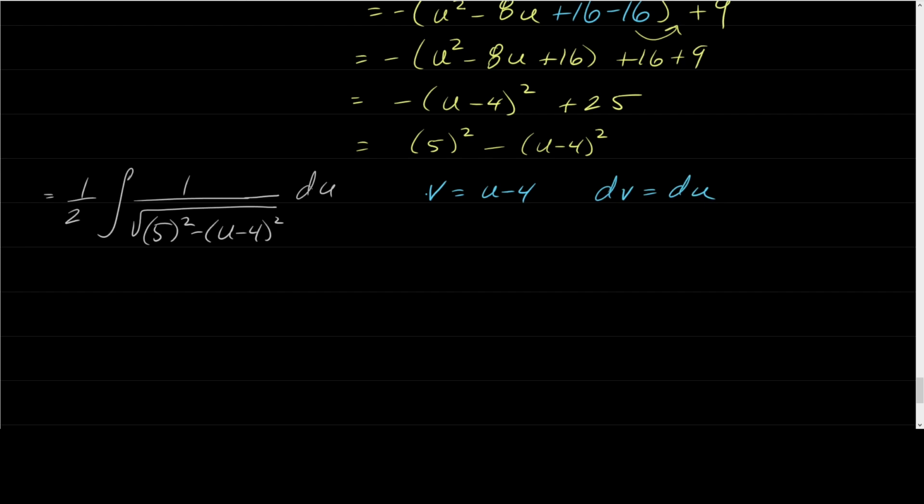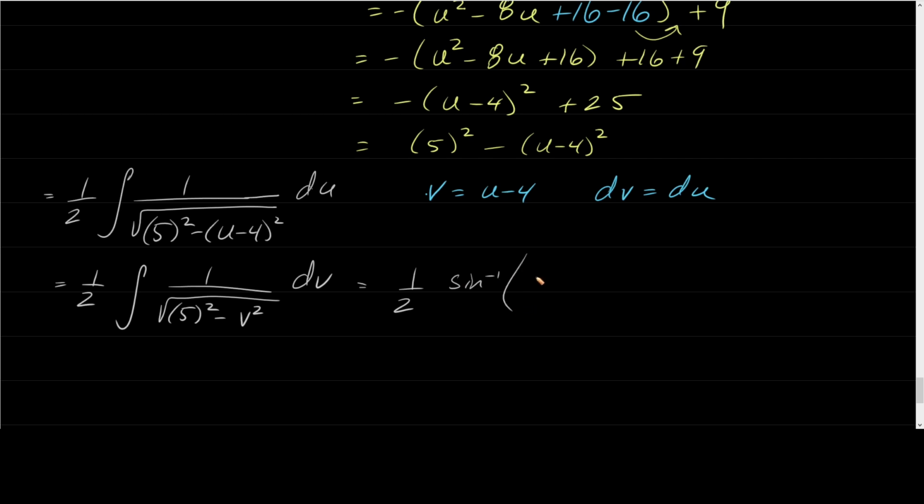And what that does now is it allows me to rewrite this integral as 1/2 times the integral of 1 over the square root of 5 squared minus v squared dv. And now that is clearly in the form of arcsine. So I have 1/2 times arcsine of v over a, where a is 5, plus c.